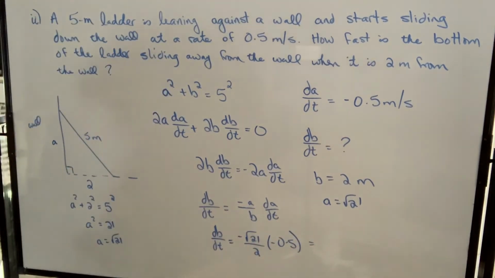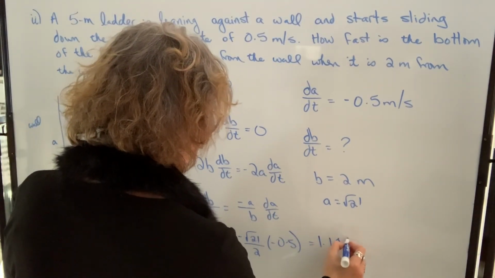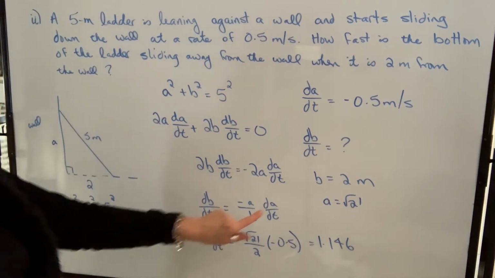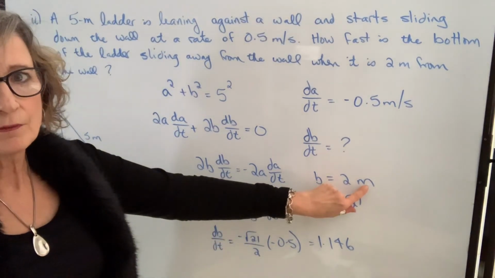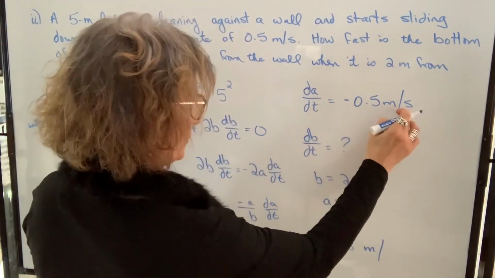When we calculate that, we get positive 1.146. Now my unit should be the rate of change of B, which is in meters, per the time factor, which is seconds.